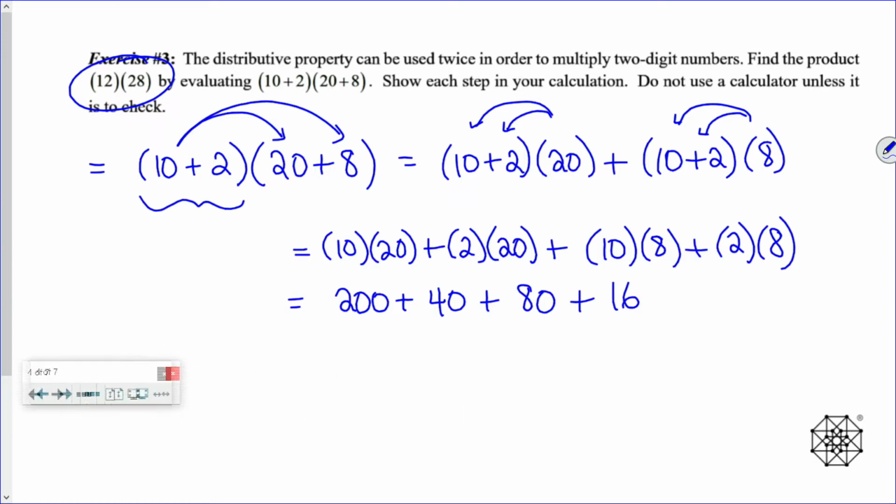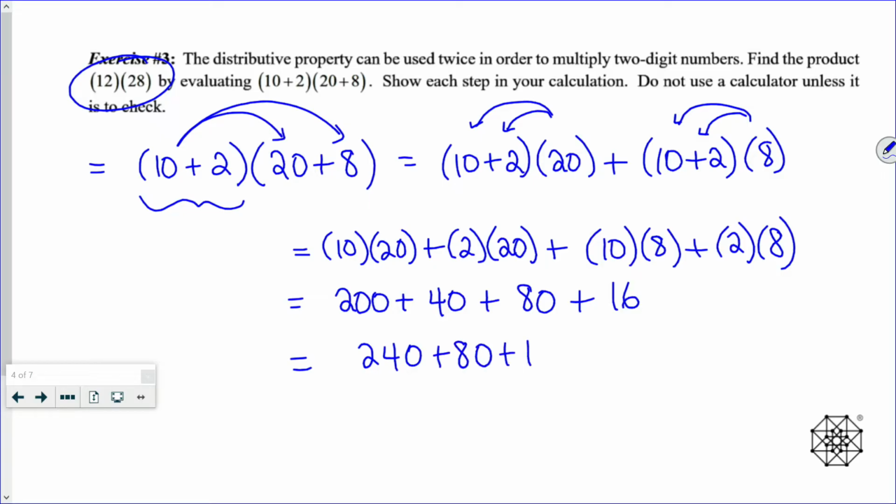And now I have 240 plus 80 plus 16. I have 320 plus 16. And I have 336.